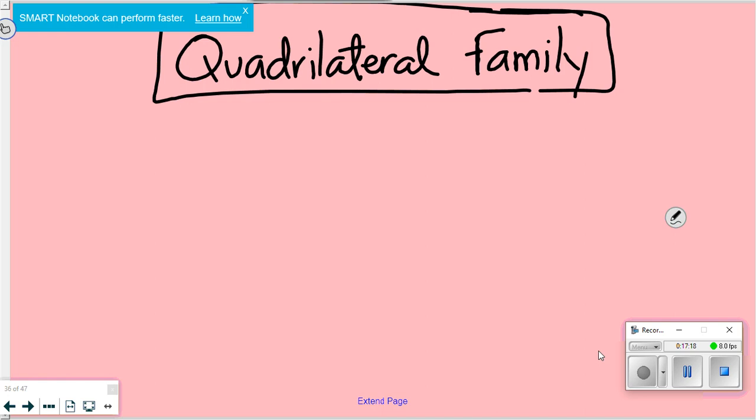So the first shape that we learned about that only had one more extra rule beyond a quadrilateral was what shape? What shape only has one more rule outside of the rules of quadrilateral? Evelyn?